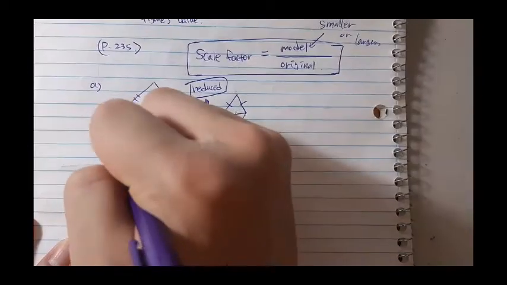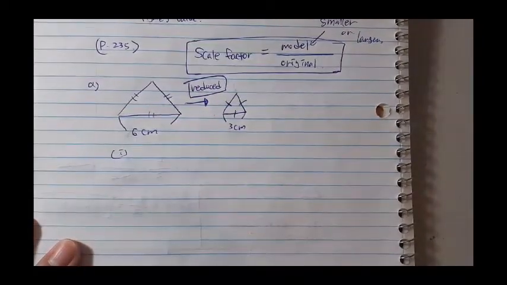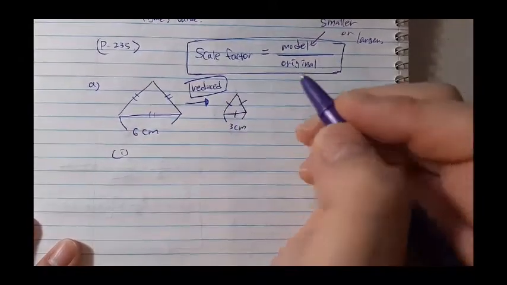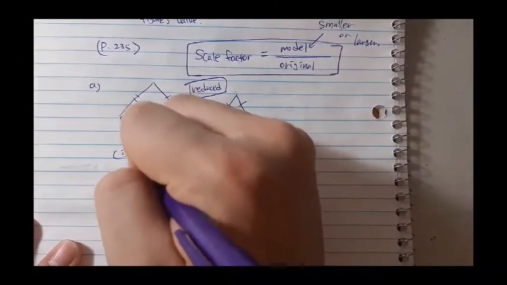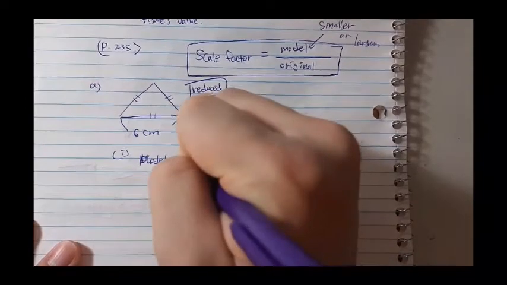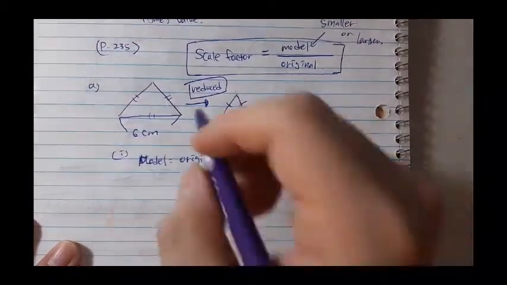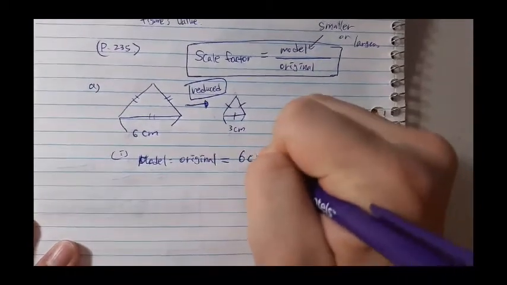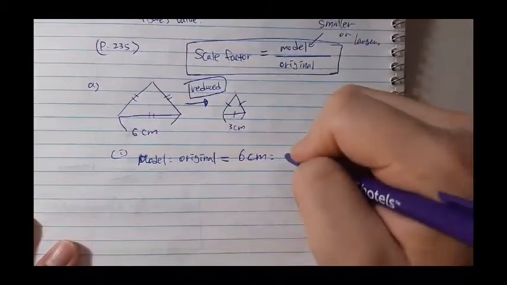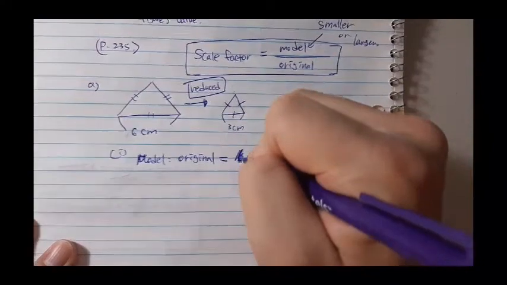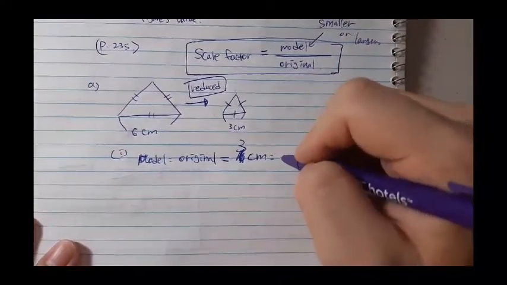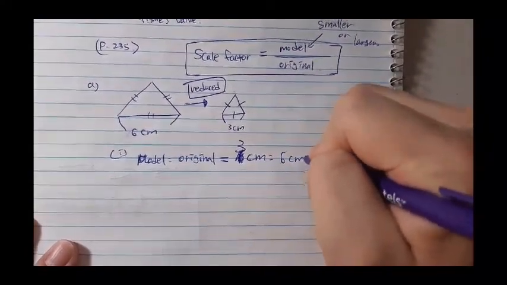Then your first job is figuring out the ratio. Your ratio is basically model to original. Honestly, order really doesn't matter. The model is 3 centimeters and the original is 6 centimeters.